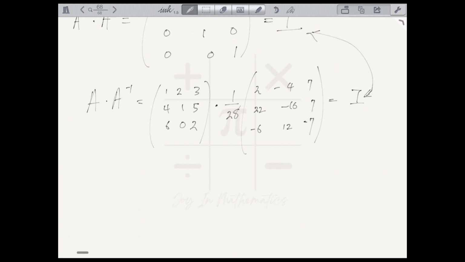Now we have come to the conclusion of the inverse of a matrix, and we know that whatever the order, a matrix multiplied by its inverse will give an identity matrix, and this can also be the inverse multiplied by the matrix.